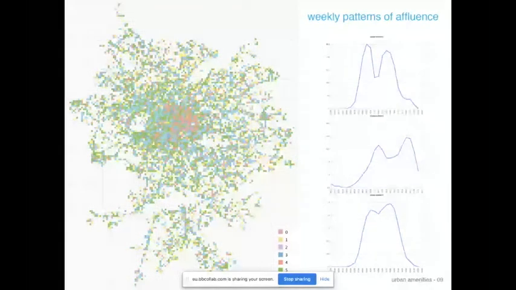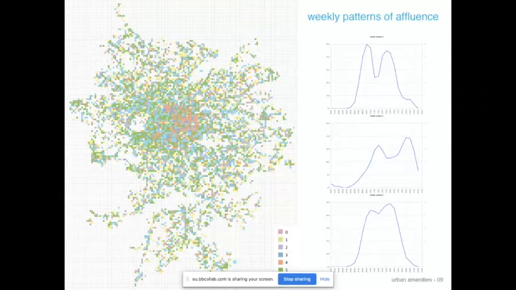Here is an example for Paris, and we actually were able to add weekly patterns of affluence. You can see at the left side an example of how different areas are characterized by a different temporal trend during the day.